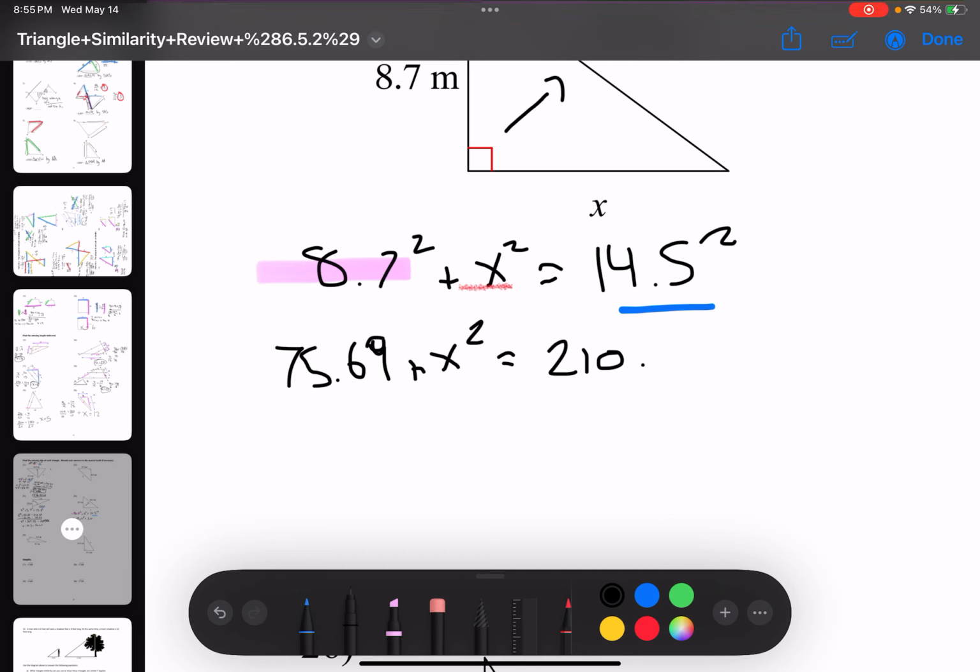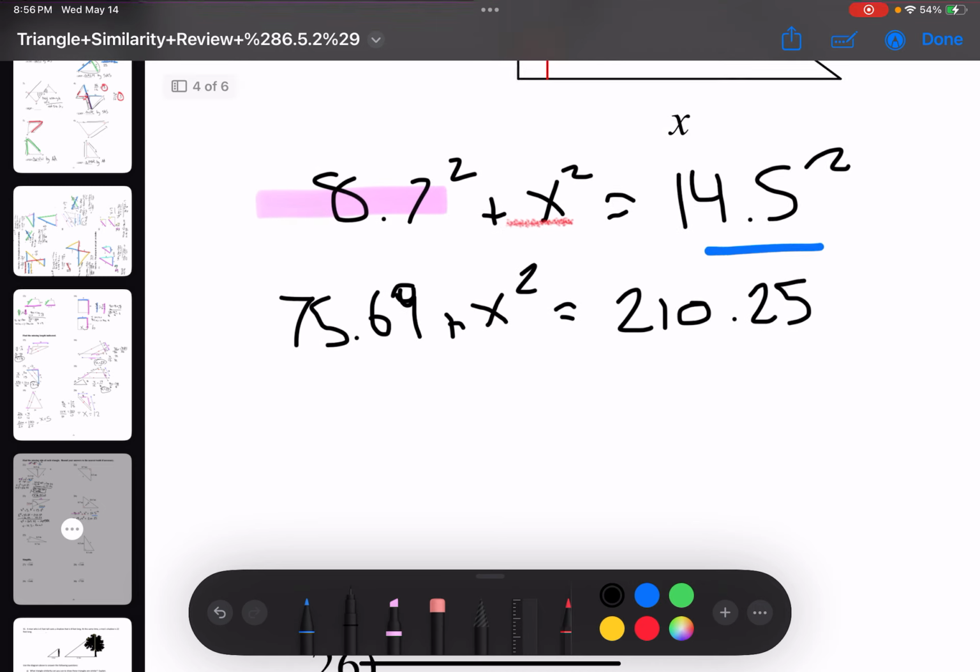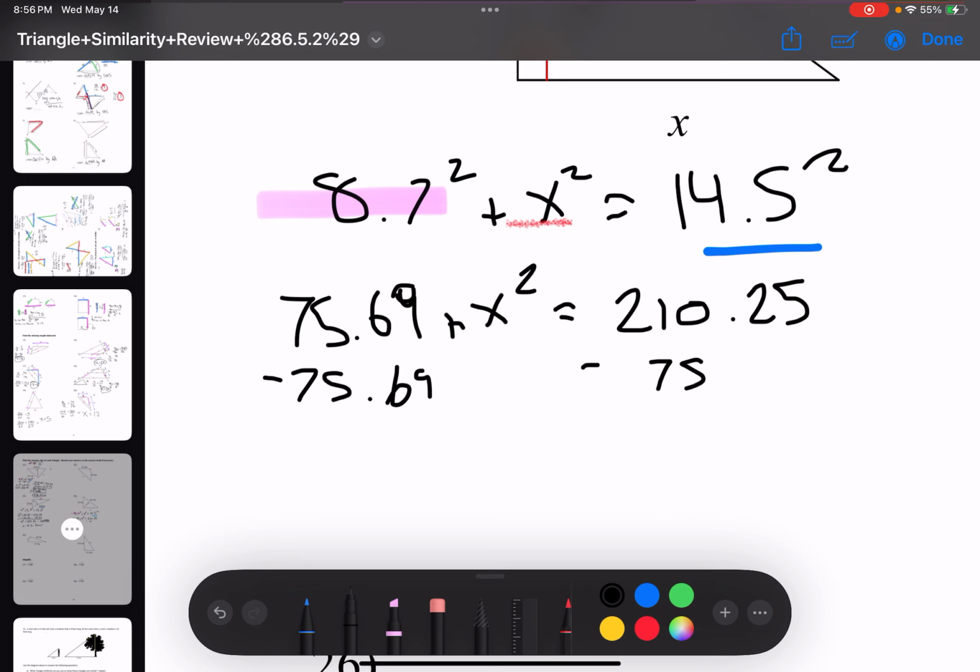210 minus 2, 5, but at the same time, we'll write the 5, minus, oh god, sorry. I was trying to multitask, guys, and I can't multitask.